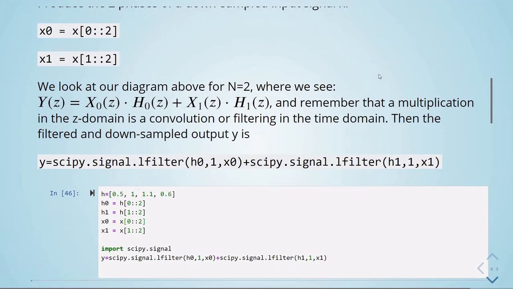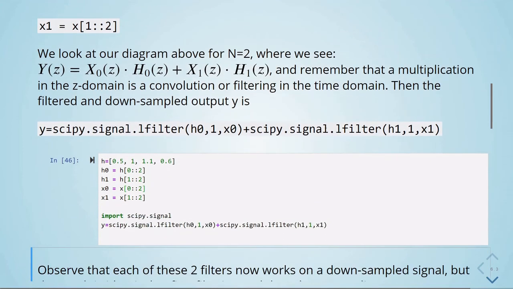If we remember that multiplication in the Z domain is a convolution in the time domain, then the filtered and downsampled output will be given by this. We can use the SciPy signal lfilter. So here we are filtering X0 with H0 plus filtering X1 with H1. So let's do this.